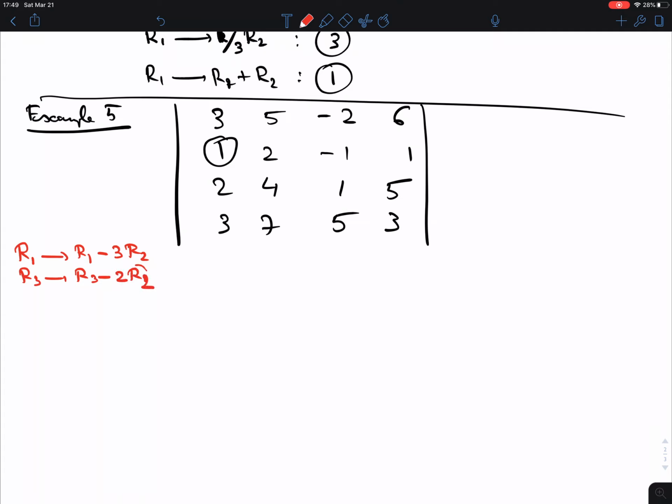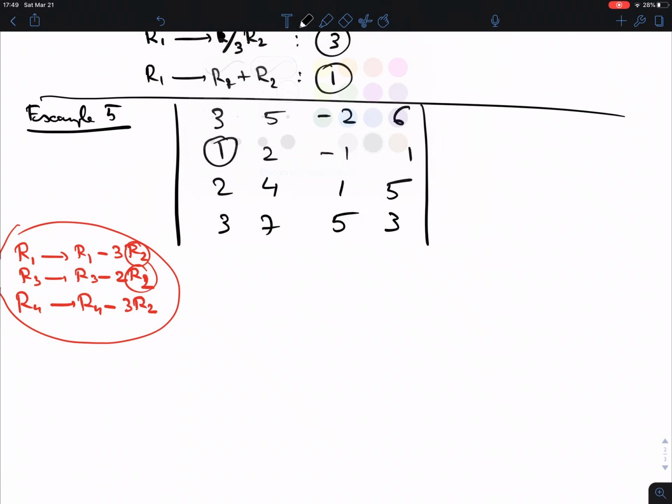Remember, I'm now working with this row 2. This is a bit unusual, but I do this. And then finally, row 4, I replace with row 4 minus 3 times row 2. And none of these, remember, change the determinant, so I can really write that this is equal to the determinant that I get by doing this now.